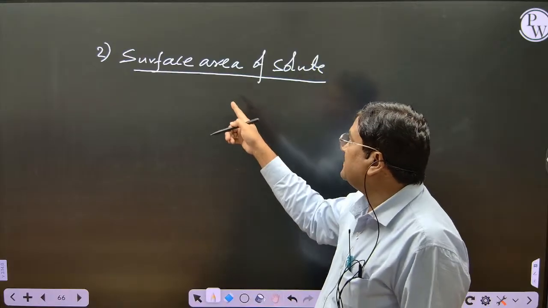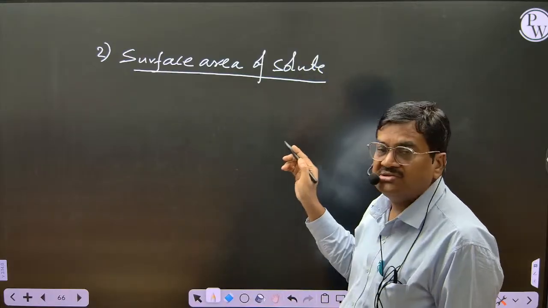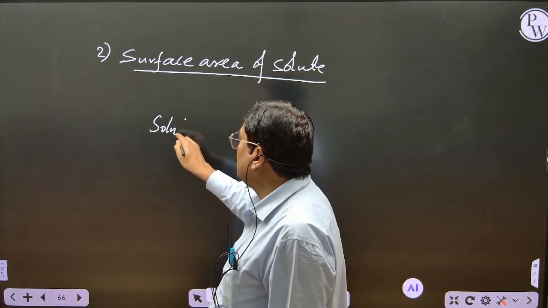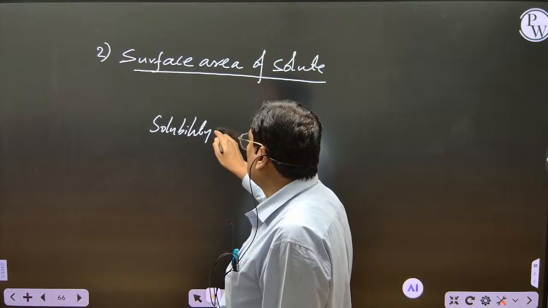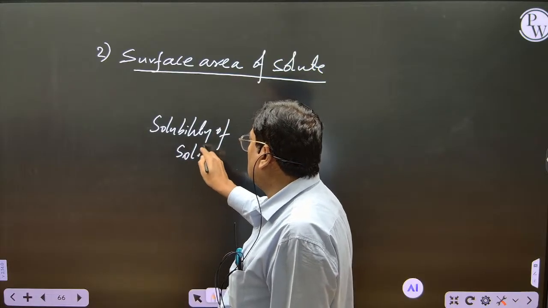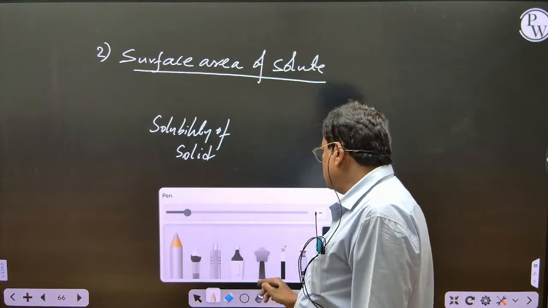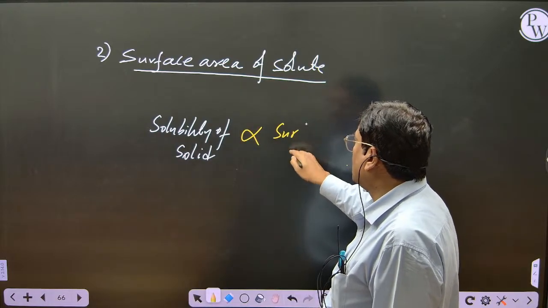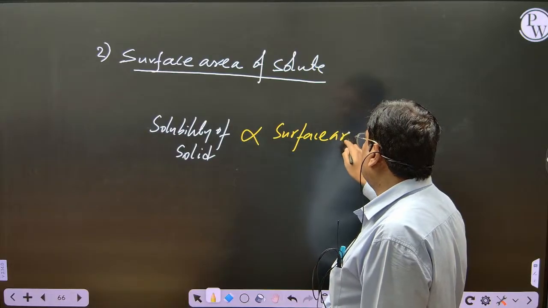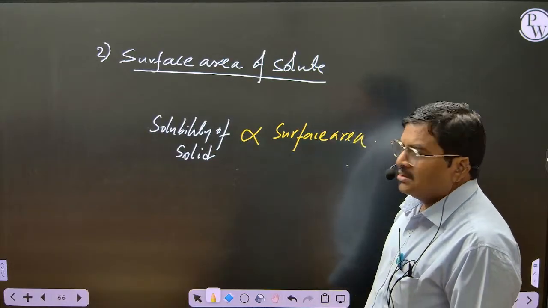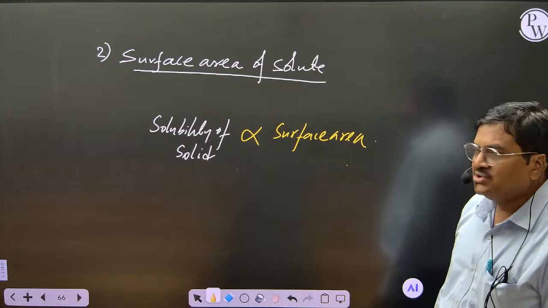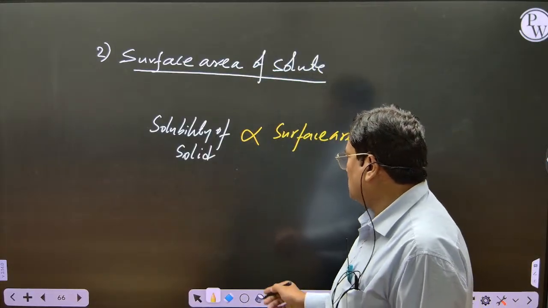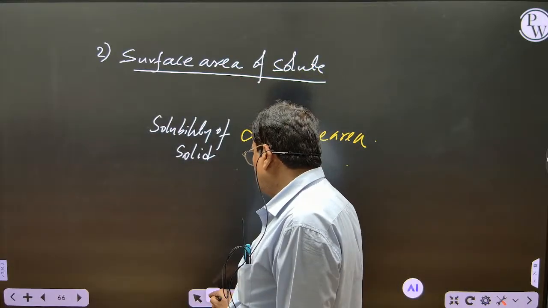So can we say surface area of solute it depends or not? So we can say, make a note, solubility of solid is directly proportional to whom student? Surface area, no? That means when you take powdered sugar and coarse sugar, who will have more solubility? Powdered solid will have more solubility.